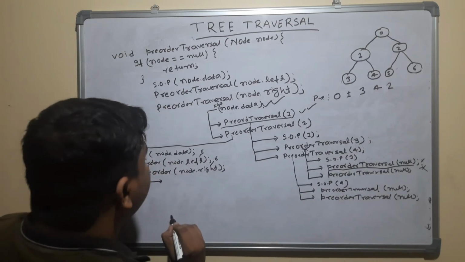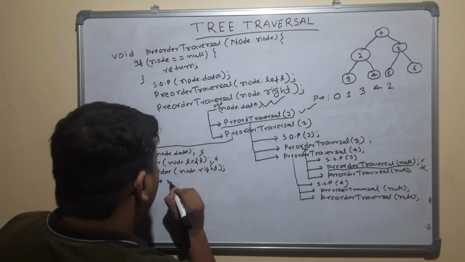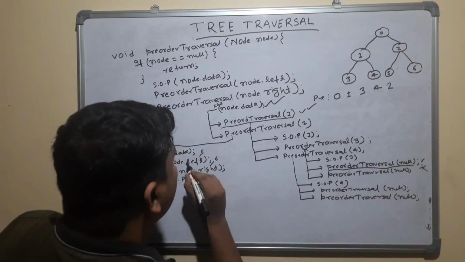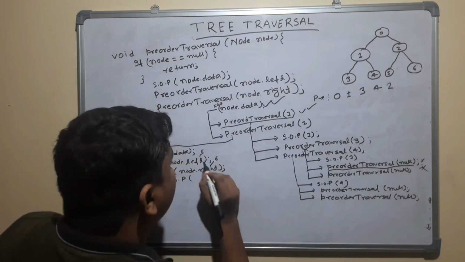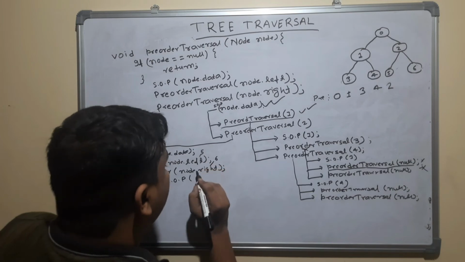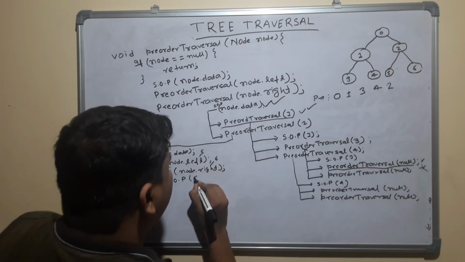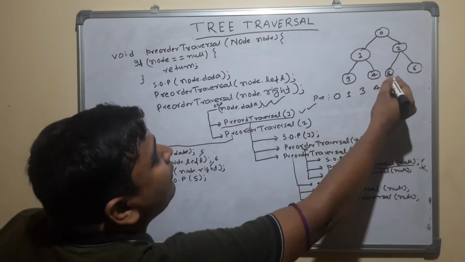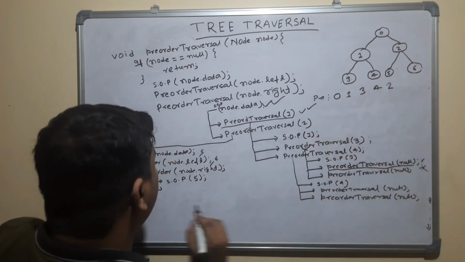What we have to give here? Now system.out.println, right? Node.left means we have to print 5, and 5's left and right are both null.